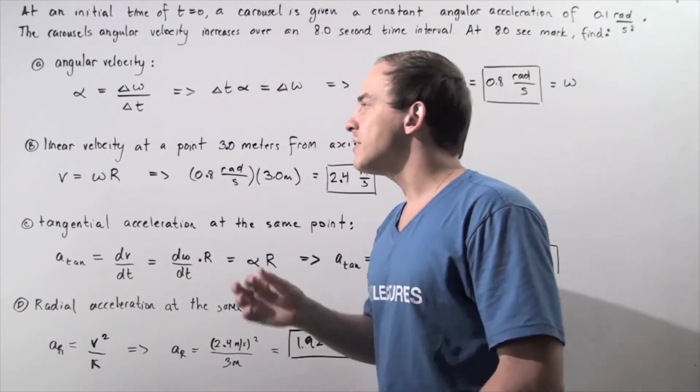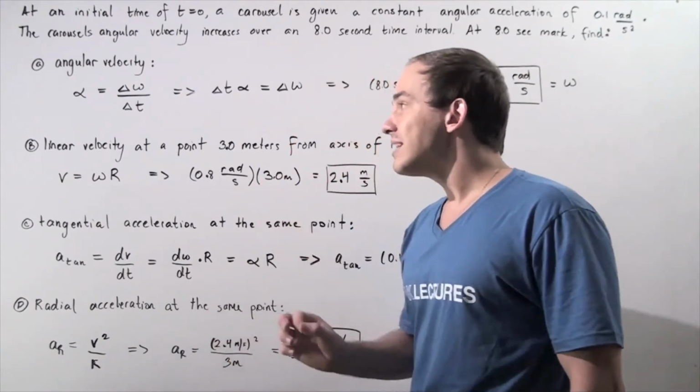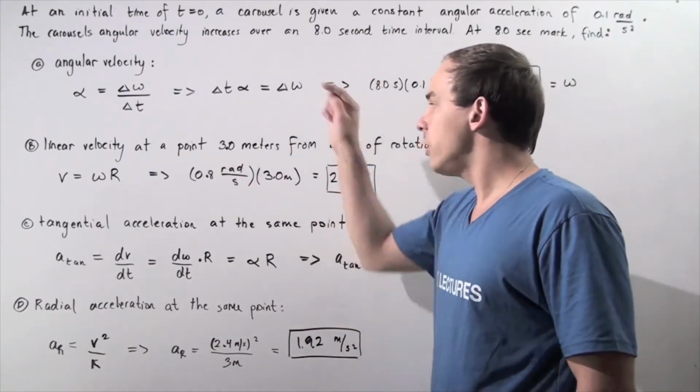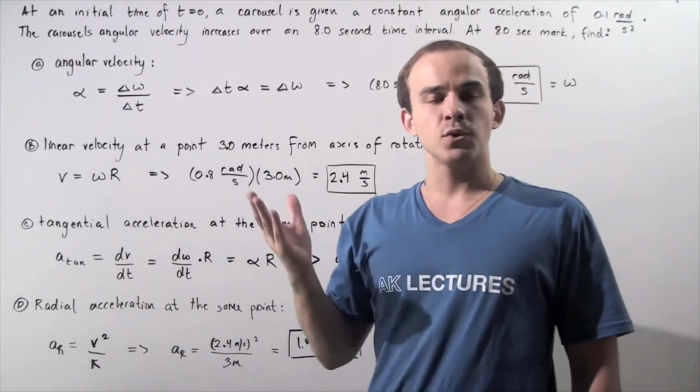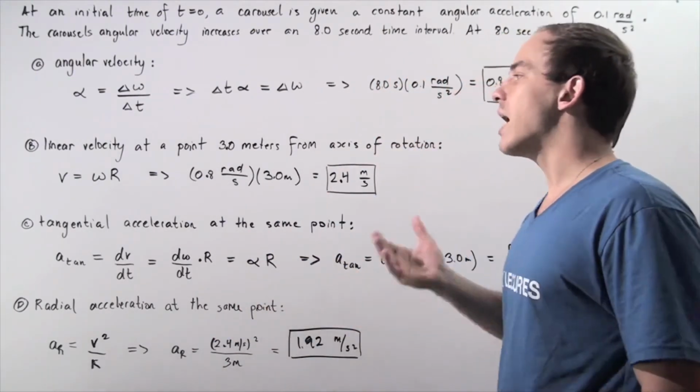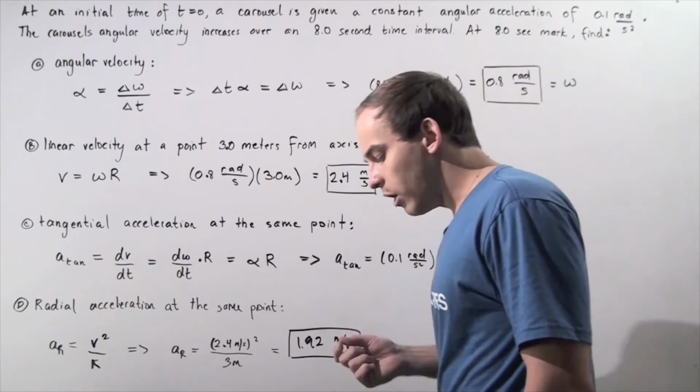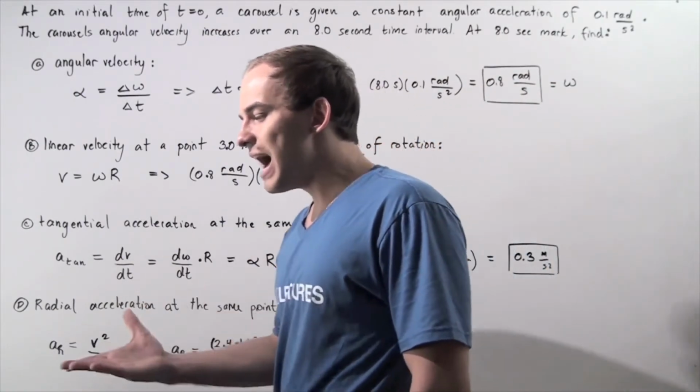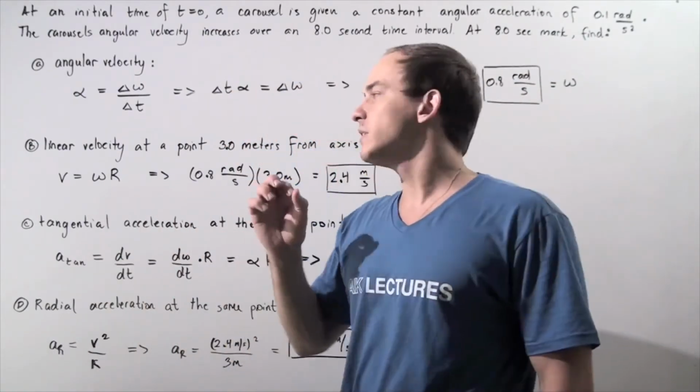So we want to find the linear velocity of the object at a point 3 meters from the axis of rotation, from the center of our carousel. So recall the relationship between velocity and angular velocity.